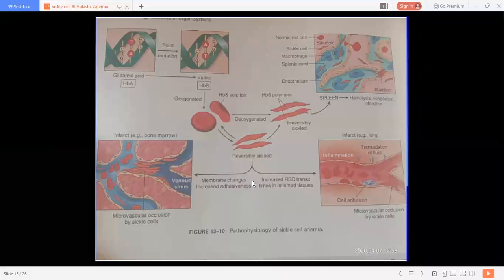So the first clinical effect is related with increased mechanical fragility, and the second clinical effect is due to increased blood viscosity.